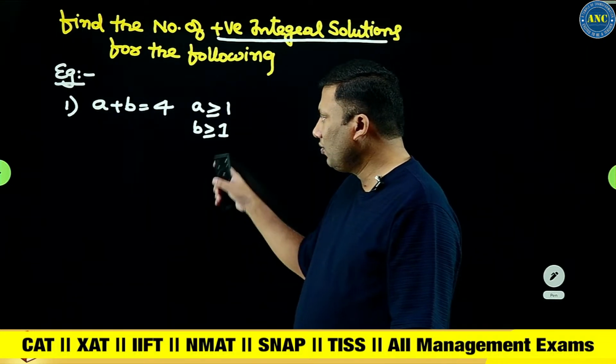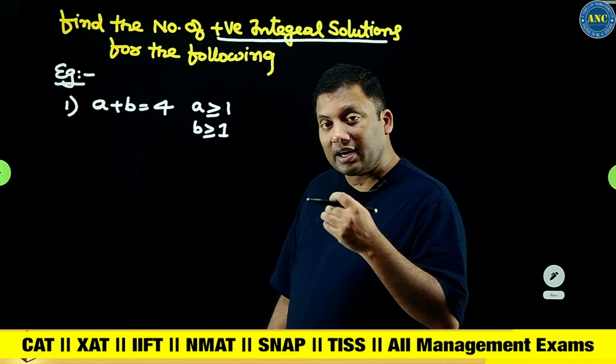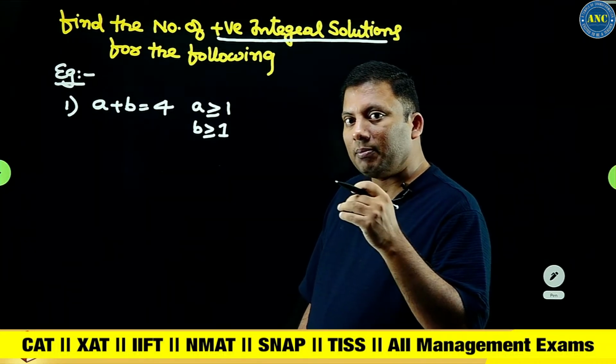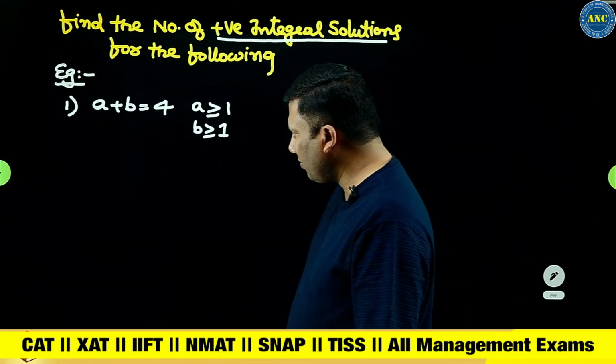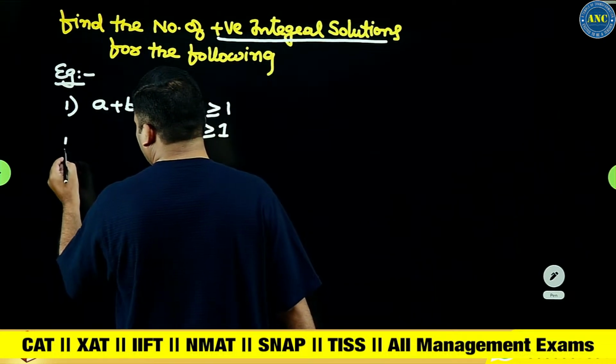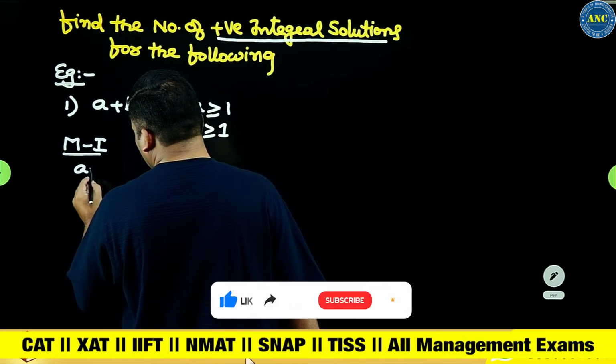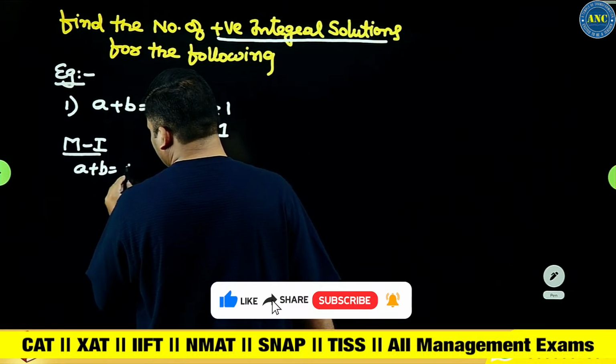Are you all with me? Why did I write a and b greater than or equivalent to 1? Because a and b are taking natural number solutions. Method 1: a plus b is equivalent to 4.